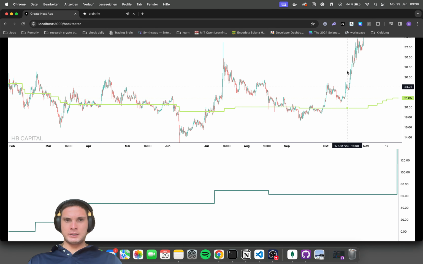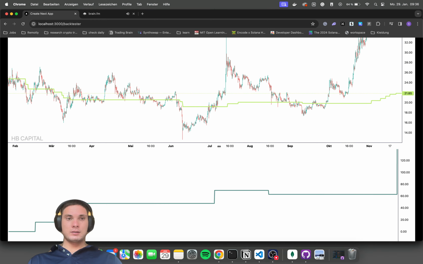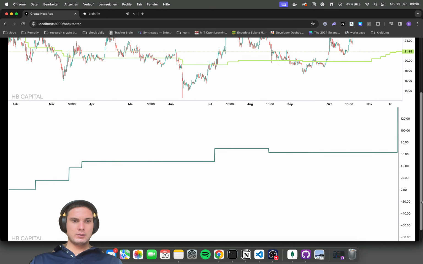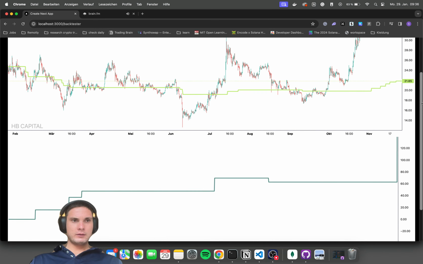Zoom in here as well, and so moving average price down, moving average price down. When is this? 16 February 16. So what time?